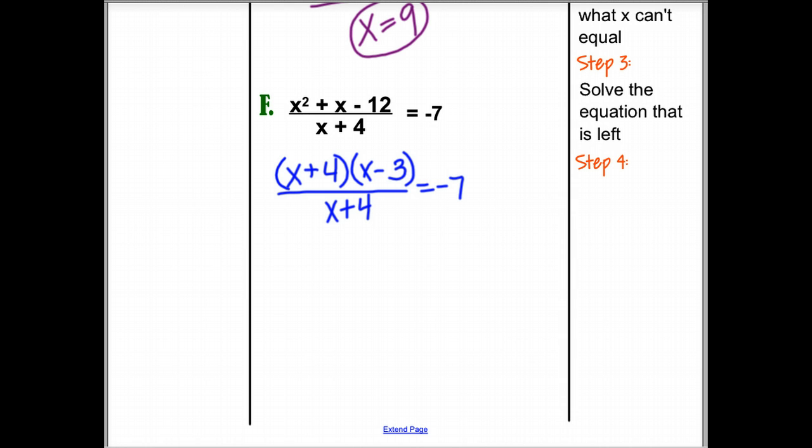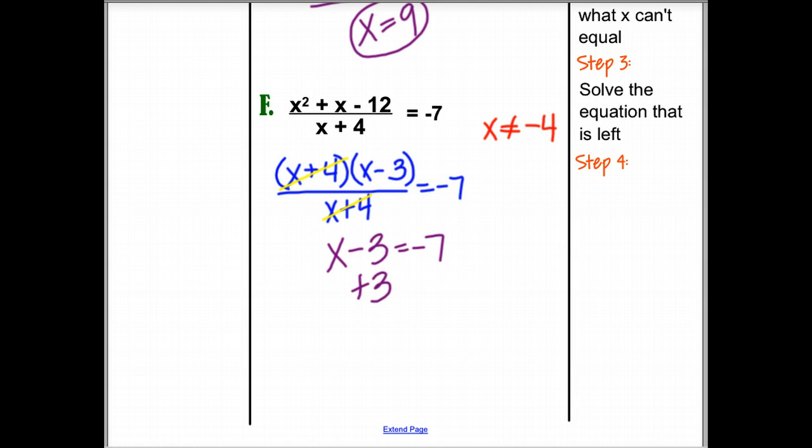I'm going to make note, x cannot equal negative 4 because negative 4 plus 4 is 0. That would put a 0 in the denominator, making it undefined. If we go ahead and cancel, the x plus 4's cancel, which leaves me with x minus 3 equal to negative 7.